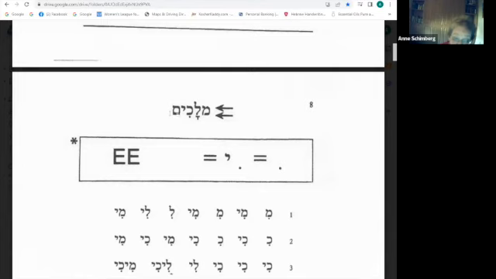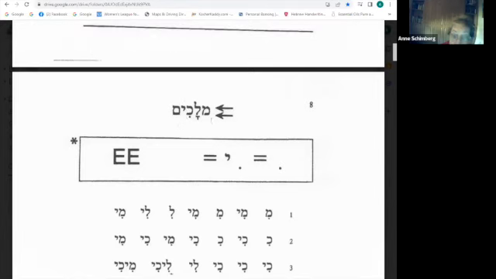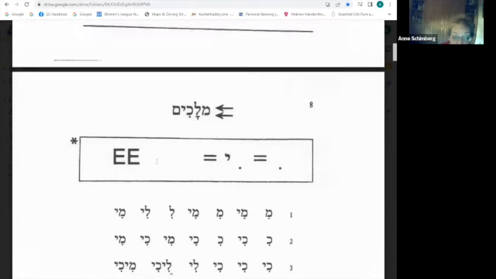So here we have a final mem. We did that on the other one, the final mem. And as he shows, one dot with a yud is an E. We have that here, melachim. It's the same sound, like two E's together, that long E sound. So we will put that in there.